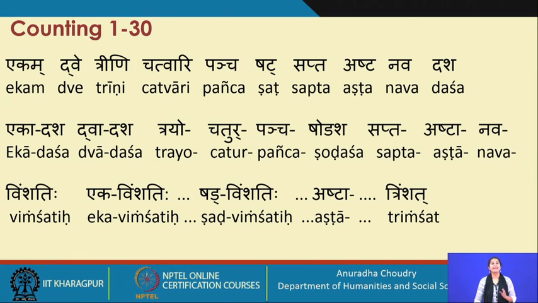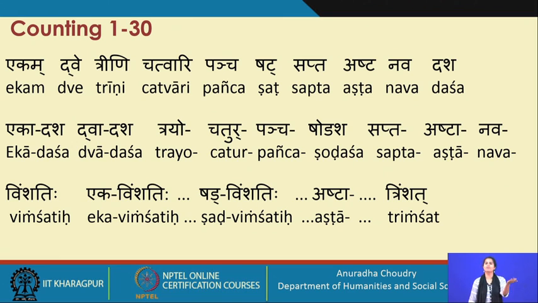The next one would be ekavimshatihi, dvavimshatihi, trayovimshatihi, chaturvimshatihi, panchavimshatihi, shadvimshatihi, saptavimshatihi, ashtavimshatihi, navavimshatihi, trimshat. Trimshat is 30.